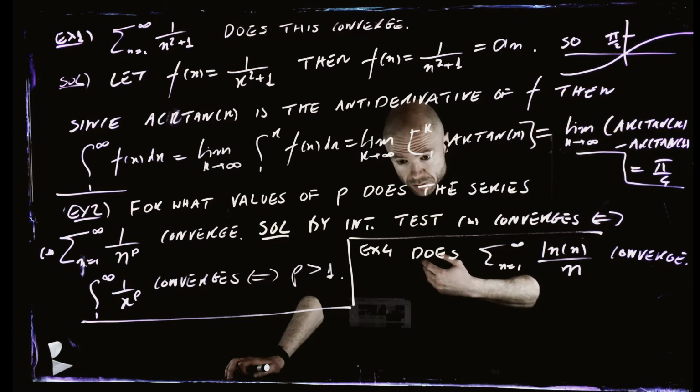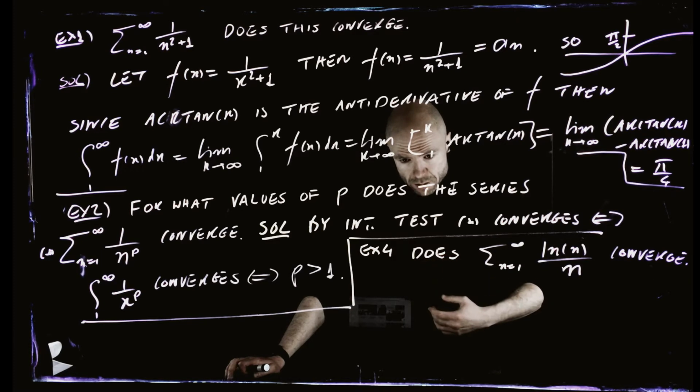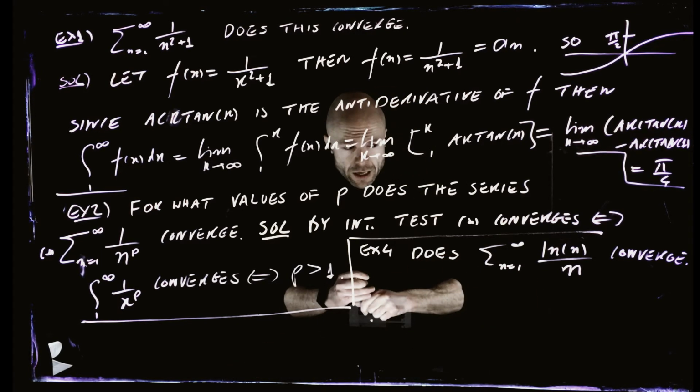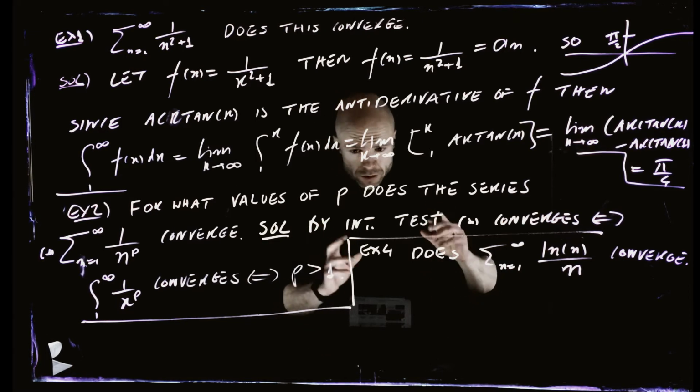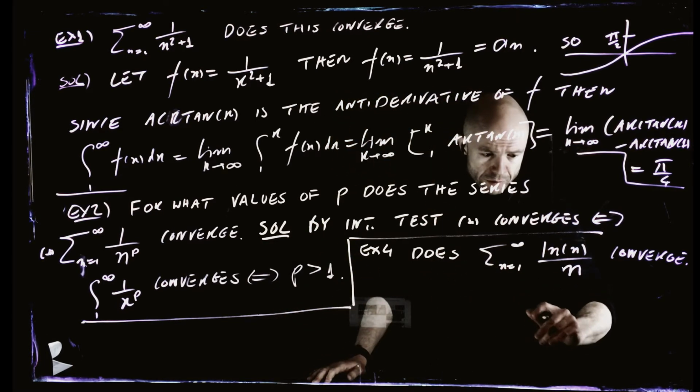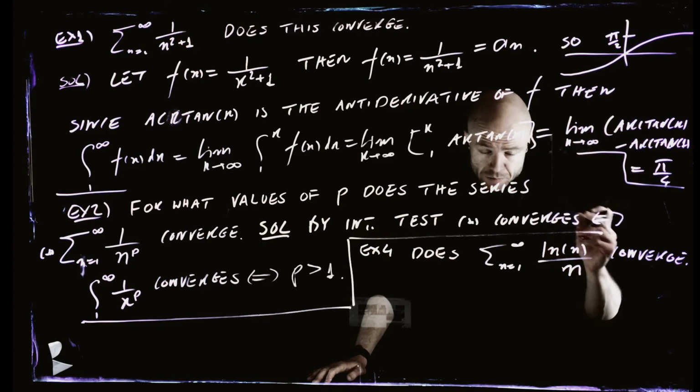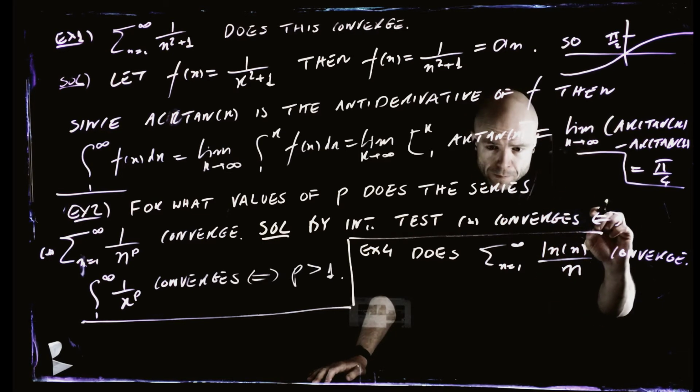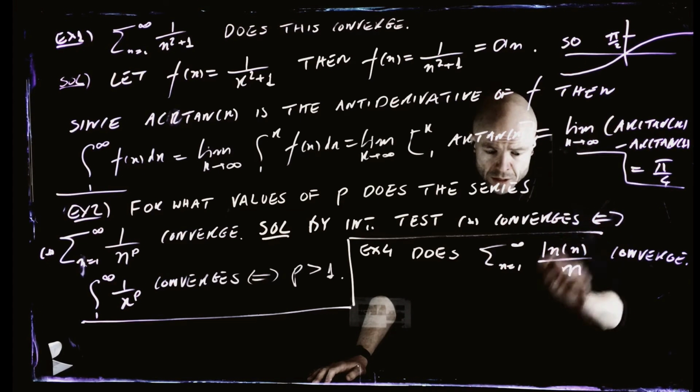Slightly larger, yeah. And as you say, log is incredibly slowly growing, which is true. But nevertheless, it is actually growing, right? Log n over n is not going down to 0, it's getting bigger.